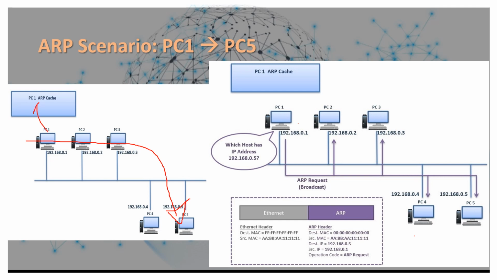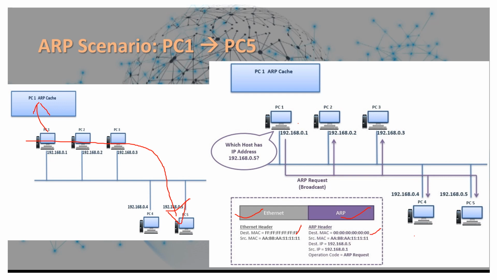If there is no information in the ARP cache, then PC1 is going to send the ARP request to all other devices. In the ARP request, if you look at the Ethernet header, you can see the destination MAC is FFFF, and in the ARP header the destination MAC is set to 000.